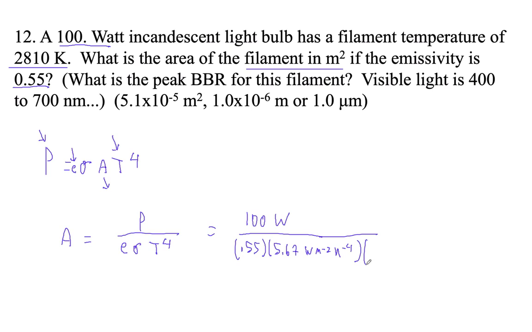And then our temperature is 2810 kelvins to the fourth. Okay, let's see. So notice that watts will cancel. Kelvins and kelvins will go away, and we'll end up with 1 over meters squared, which will be square meters. All right. This is not going to be a super large number.